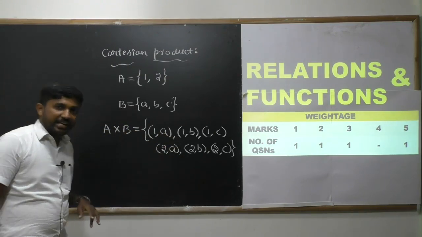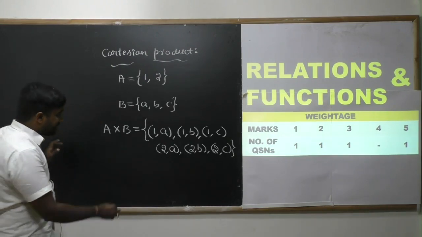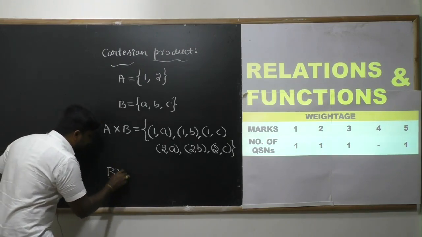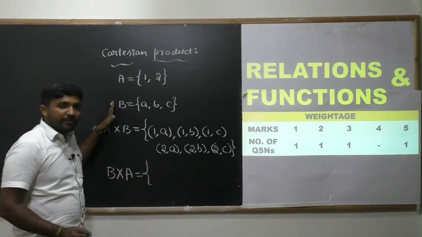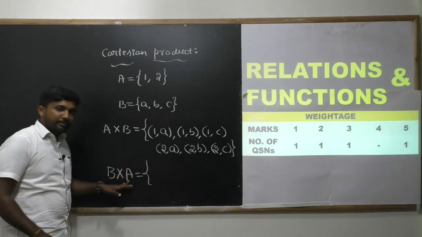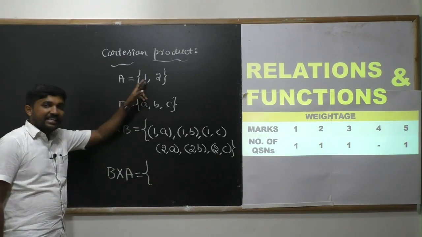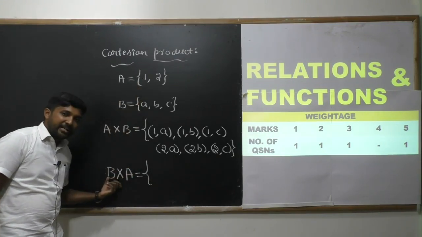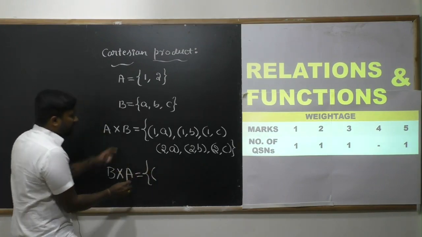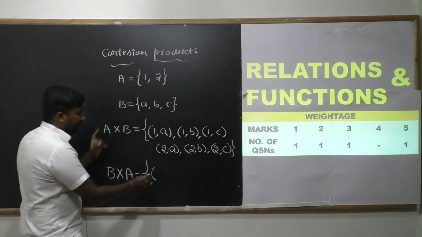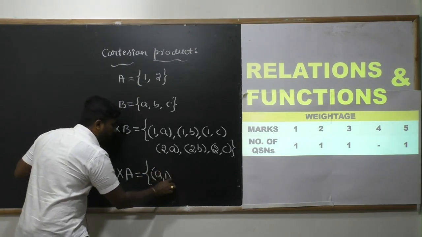Similarly, we can write B cross A also. In B cross A, you should take first elements of ordered pairs from set B and second elements of ordered pairs from the second set A. Now, what are the elements of set B cross A? It is equal to a set with ordered pairs. Okay, first element is ordered pair a, 1.